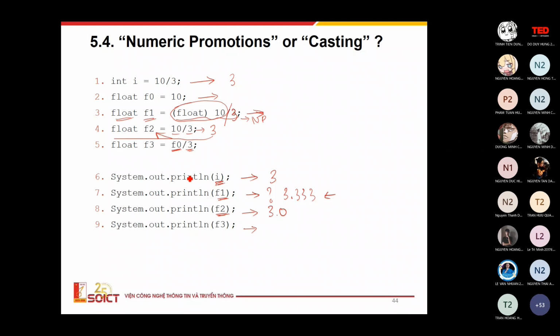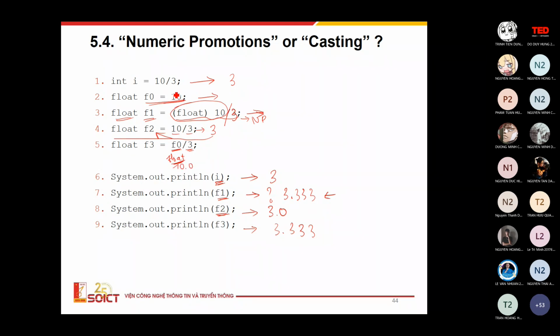F3. It's 3.3333. Why? Because the variable f3 is of type float. So even though here you assign 10, in memory it will get the value 10.0, because it is float.